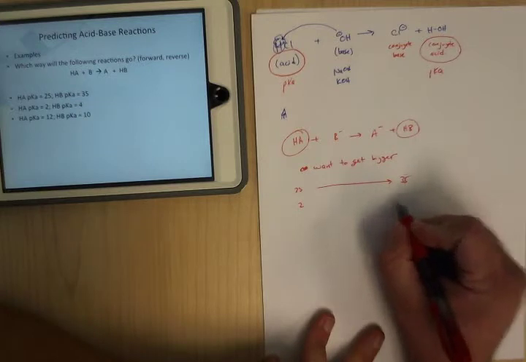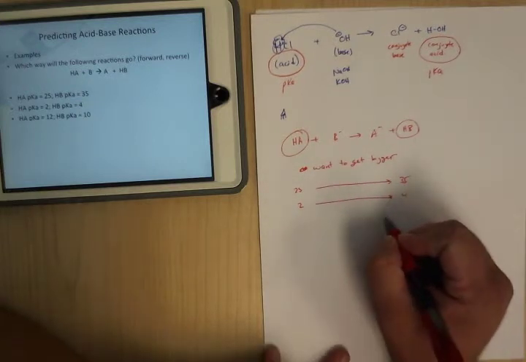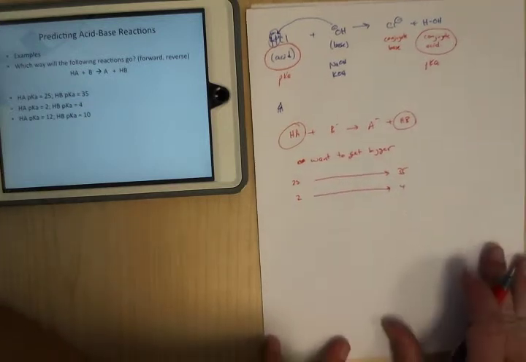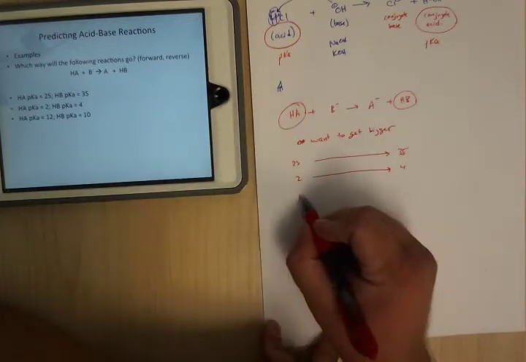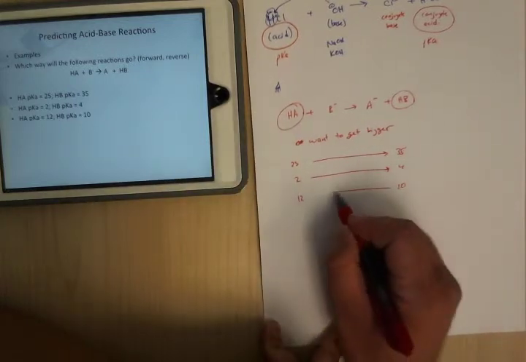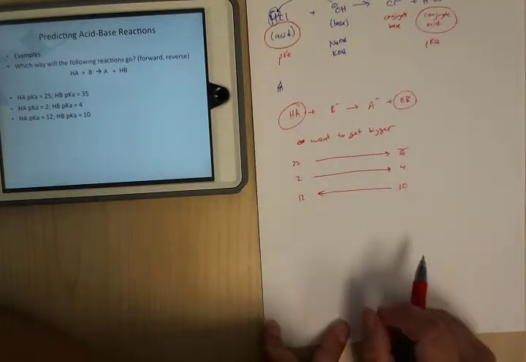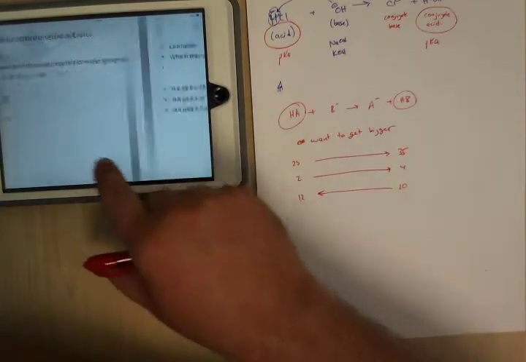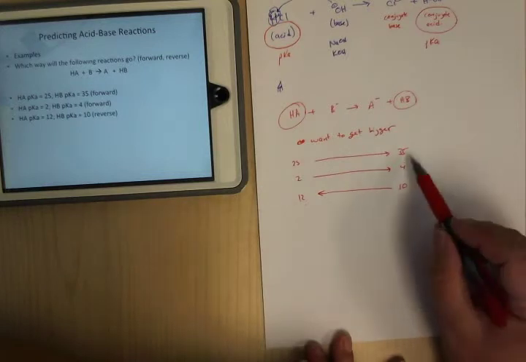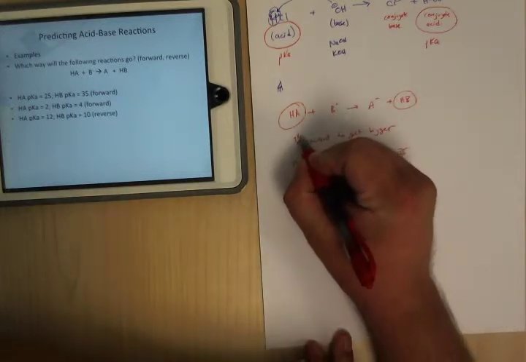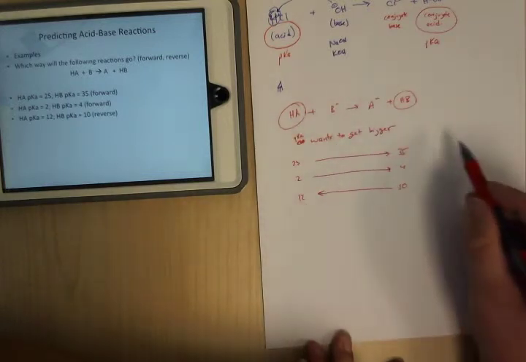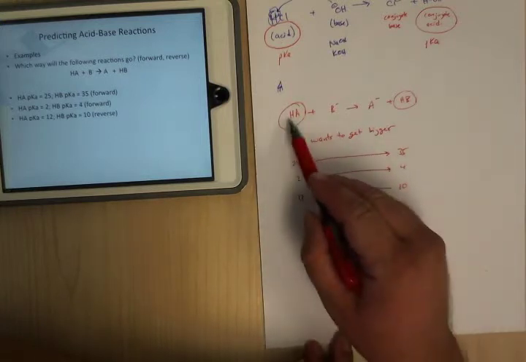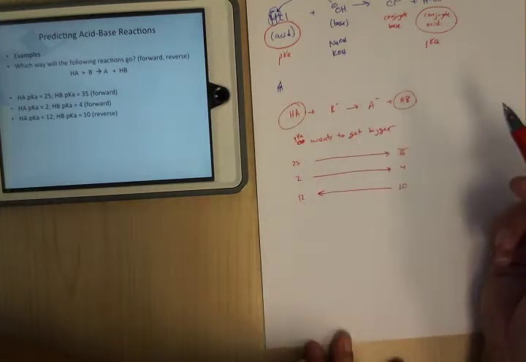From 12 to 10, you want to get bigger, so the reaction is going to run the other way. That's the natural way it wants to go. The pKa wants to get bigger, going from product to reactant. That's the easiest way to figure this out.